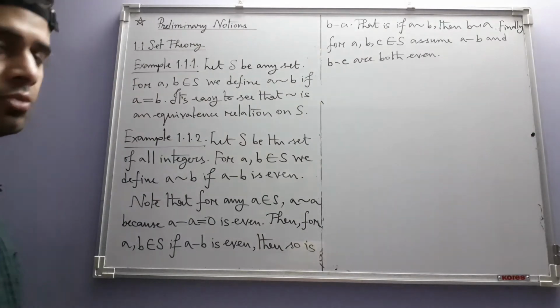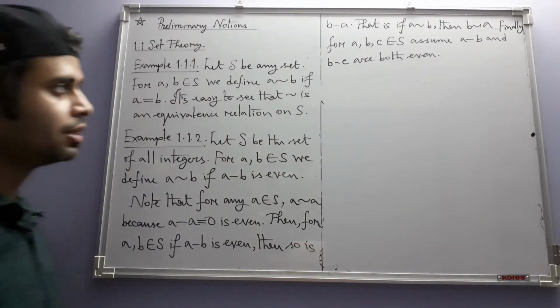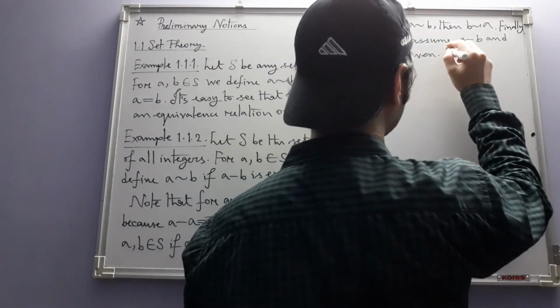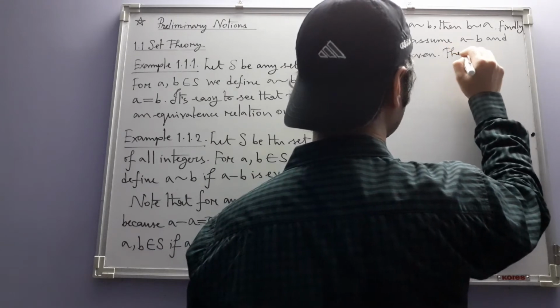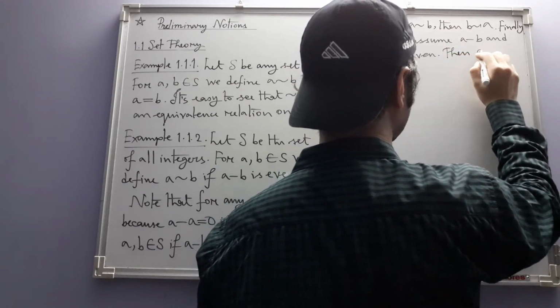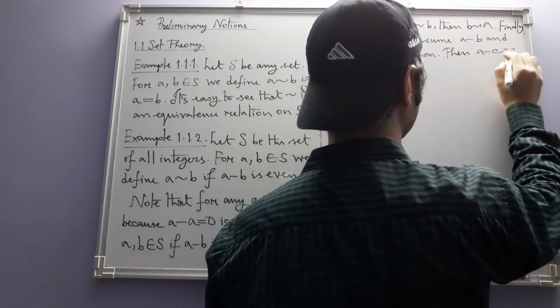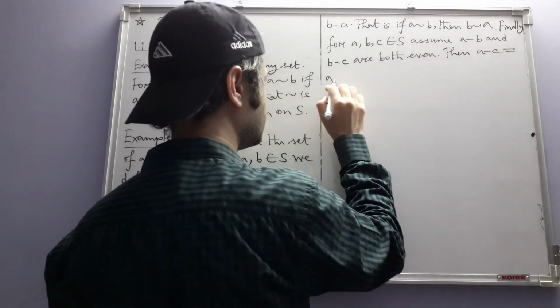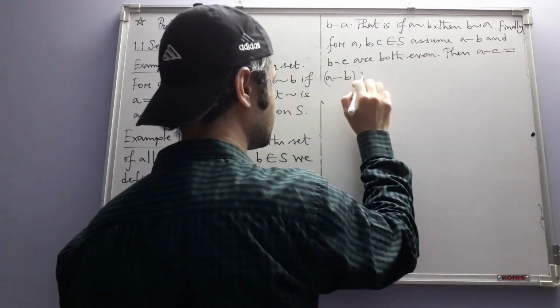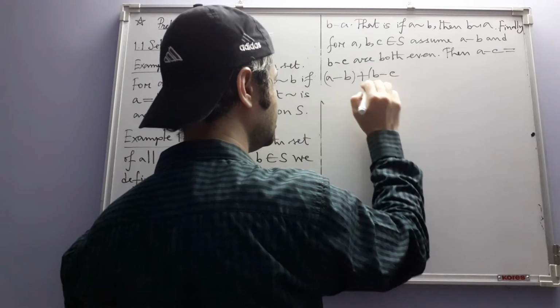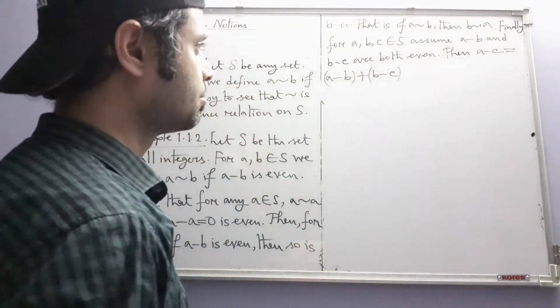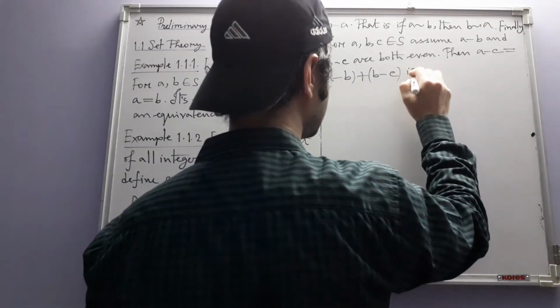Now the sum of 2 even integers is also even, and their sum is nothing but A minus C is equal to A minus B plus B minus C, because B and minus B cancel each other, is even.